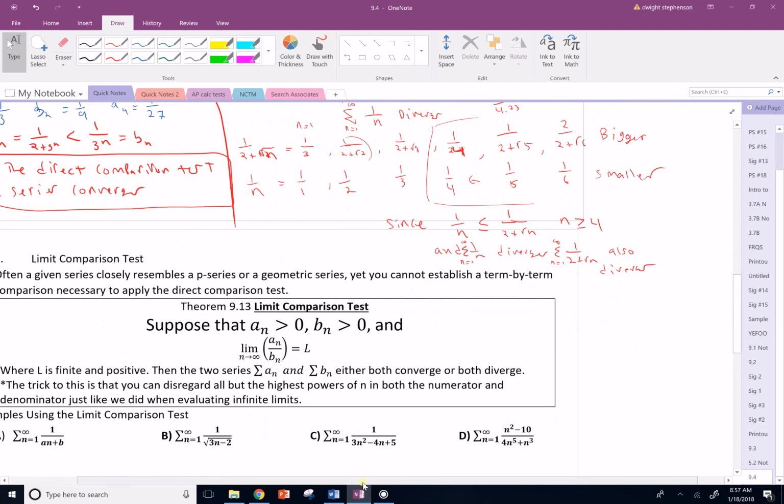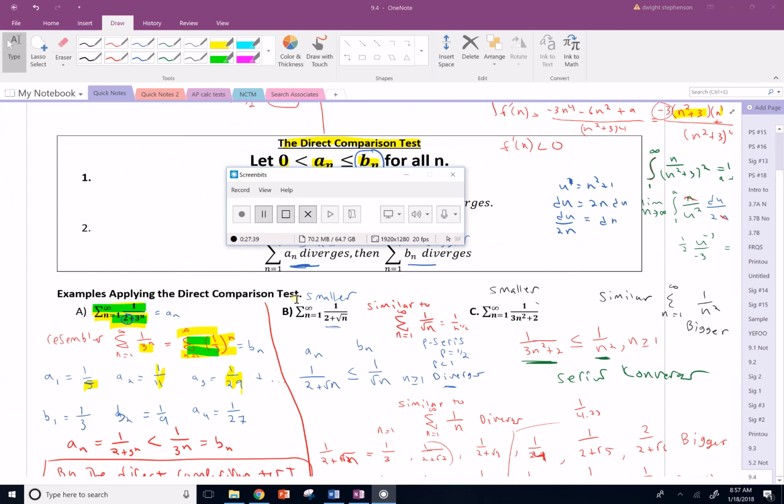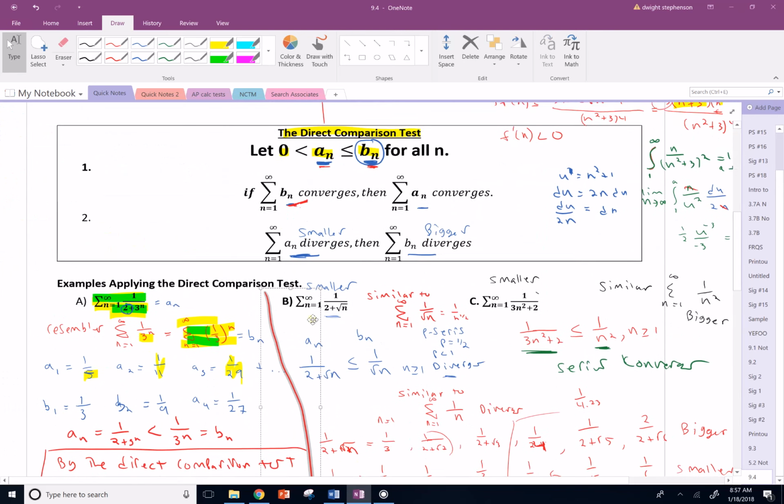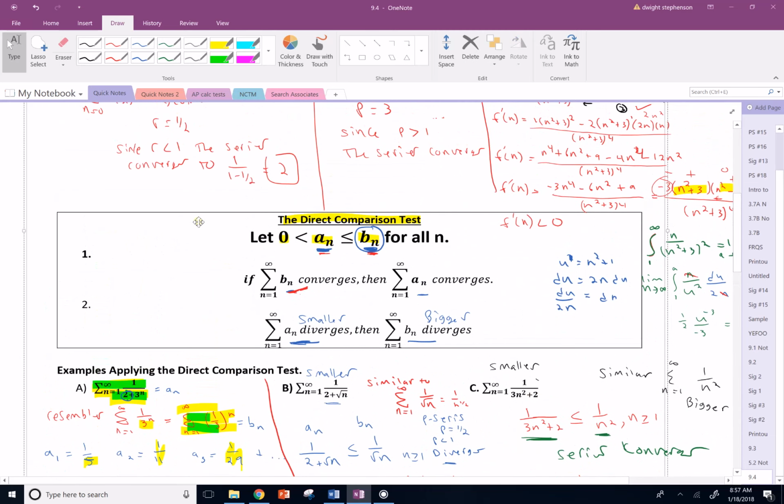All right, so here's yet another test that we're going to do. Actually, before we do that, I wanted to come back up here and write these two things in simpler words. Number one is saying that if the larger series converges, then the smaller also converges.